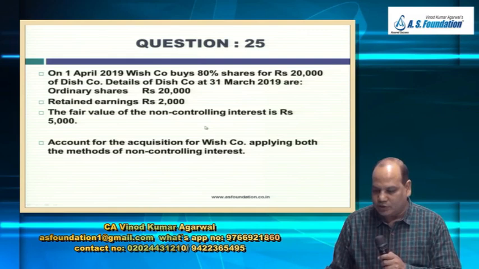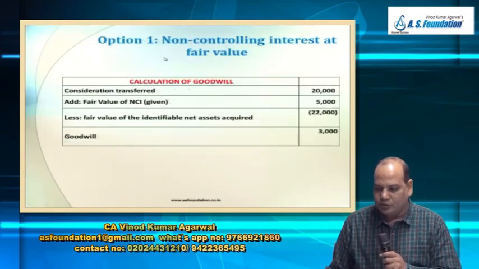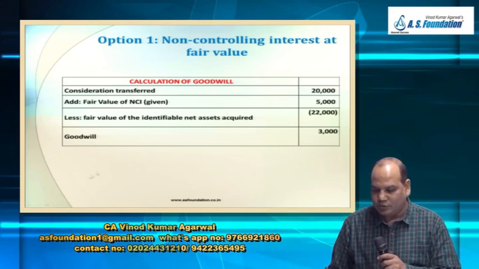Both the methods of NCI means first I will take fair value and I will take proportionate share in net asset. So write down option 1, NCI at fair value. Or you can draw two columns to save time, okay?